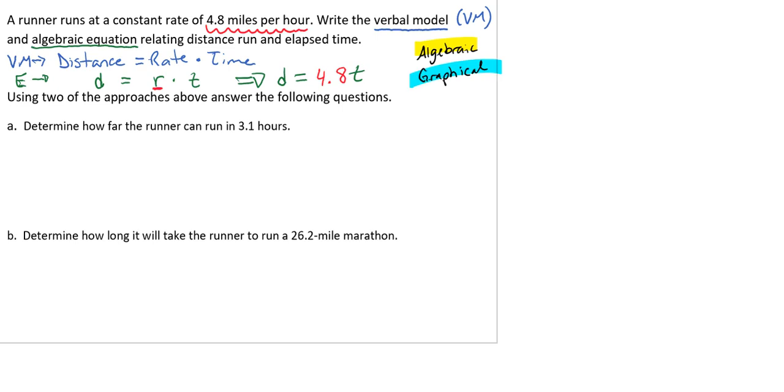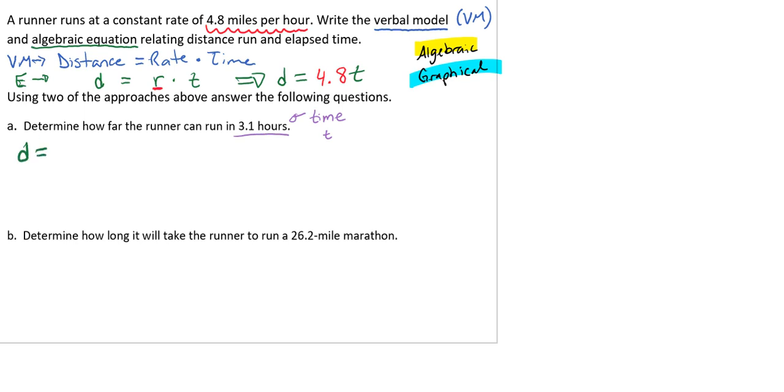Okay, so let's look at our first question. Letter A, determine how far the runner can run in 3.1 hours. So here, we were given a time. In other words, we have a t variable here. And so to solve this algebraically, we would simply put this into our equation.